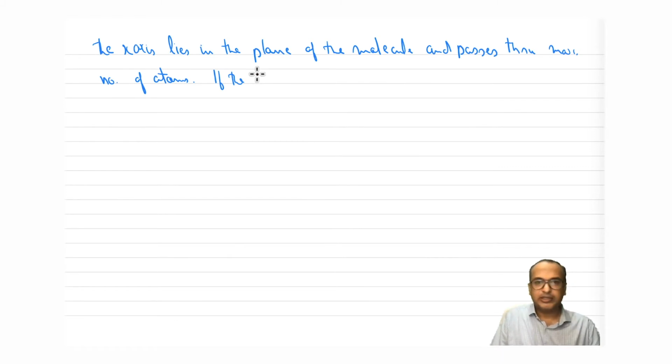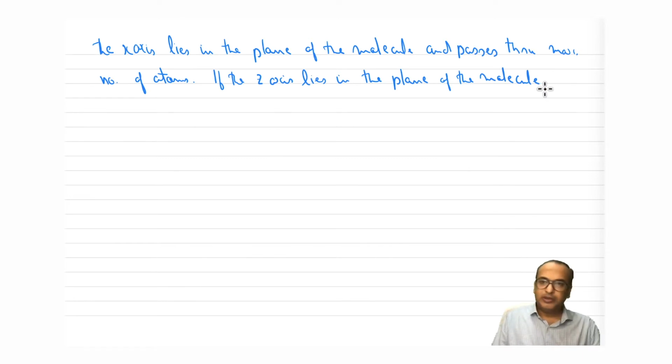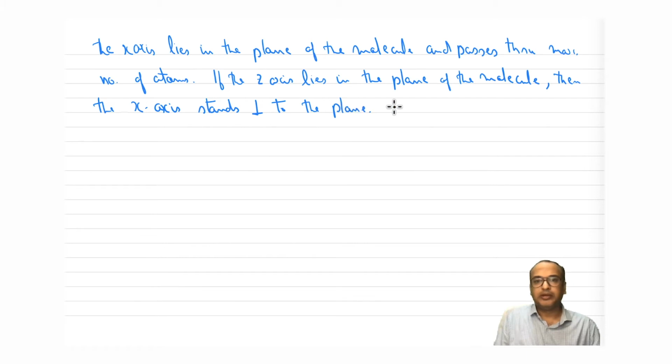If the z-axis lies in the plane of the molecule, which can also happen, and we'll see an example shortly after this, then the x-axis stands perpendicular to the plane.